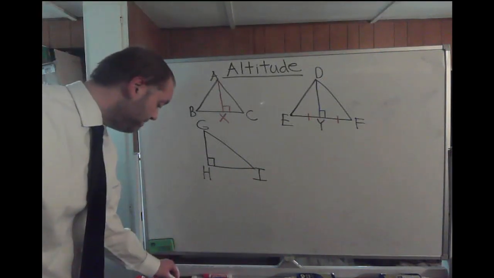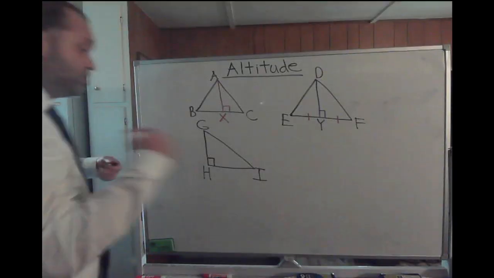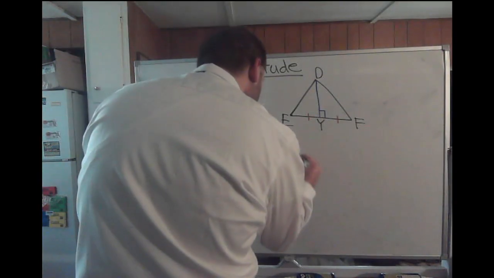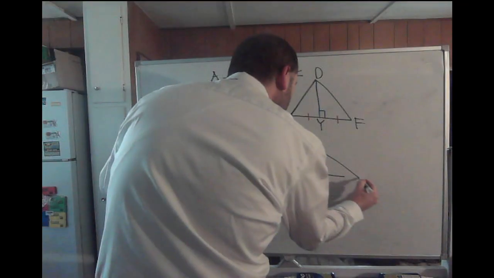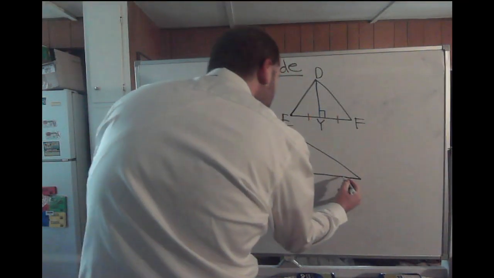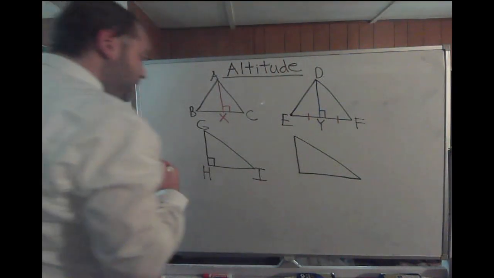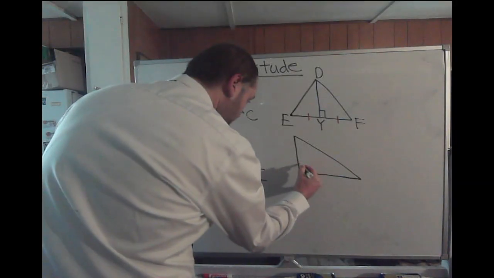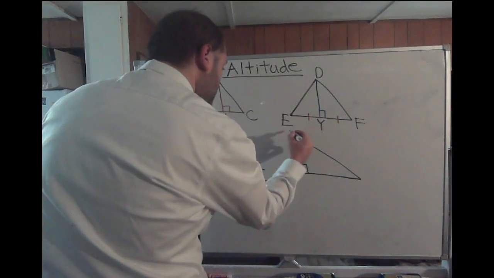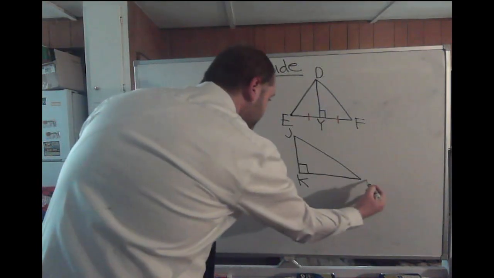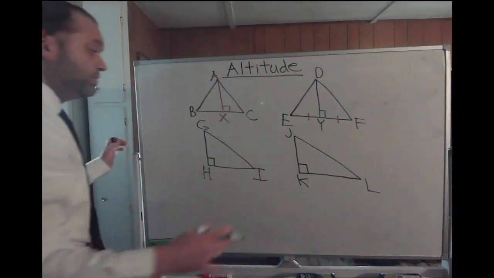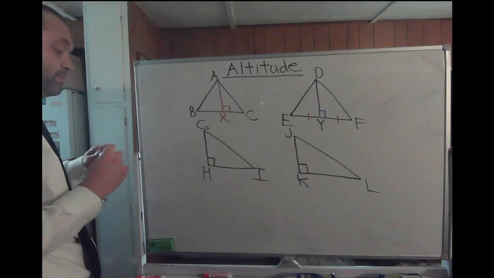And then, also with right triangles, this will be a right triangle again. We'll call this JKL. This will be triangle JKL. Okay.